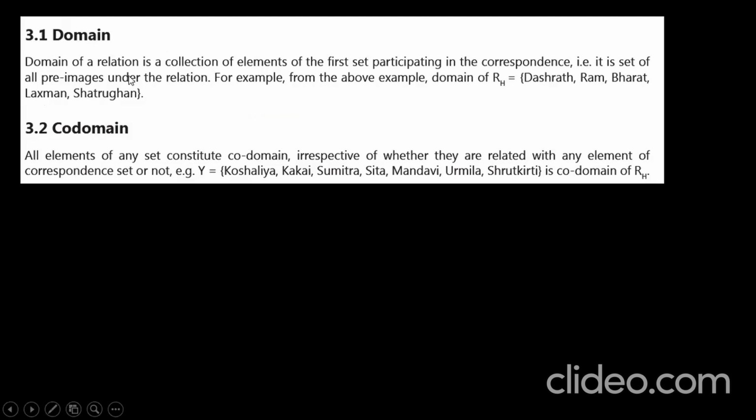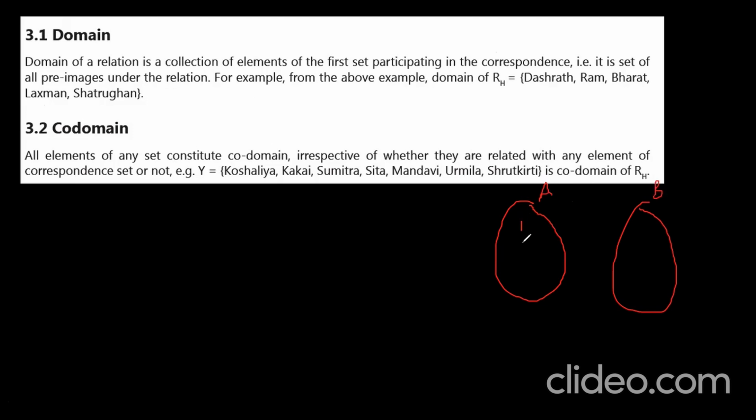The domain of a relation is the collection of elements of the first set participating in the correspondence. I am taking set A and set B. Set A is 1, 2, 3, and set B is A, B, C, making a relation R like this.